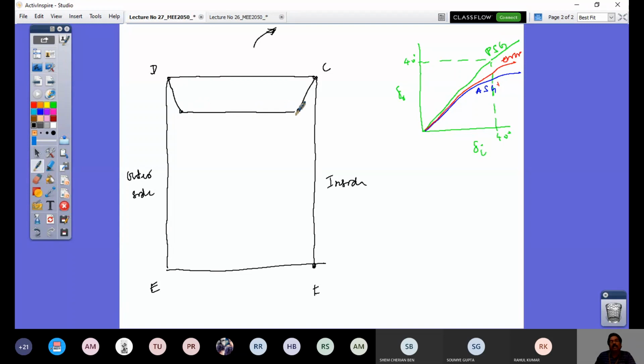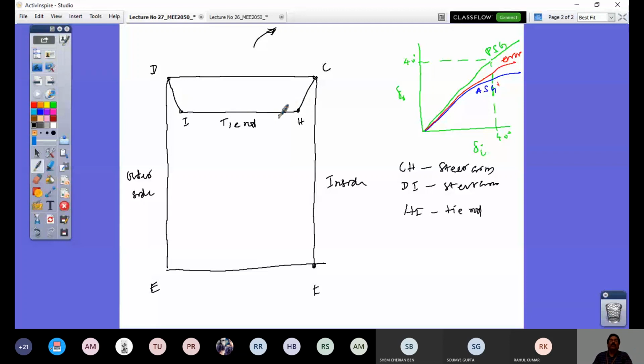Let me call this CH and this DI. So CH and DI are steer arms and HI is the tie rod. This is a simple 4-bar linkage, where DC is fixed and these two are like two cranks, and this is your connecting rod in the mechanism.